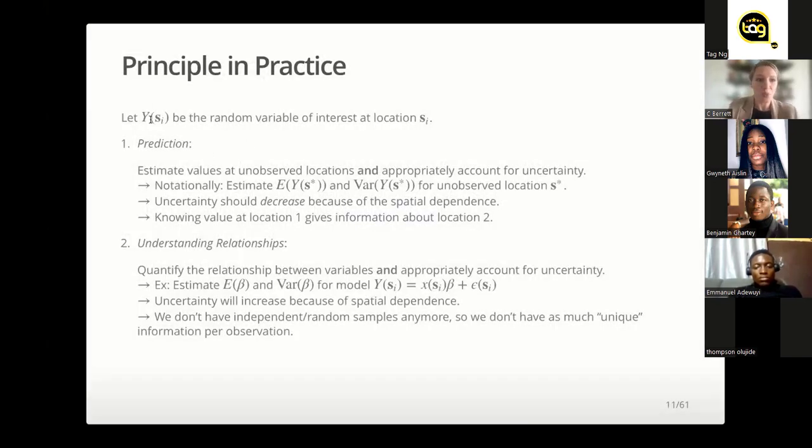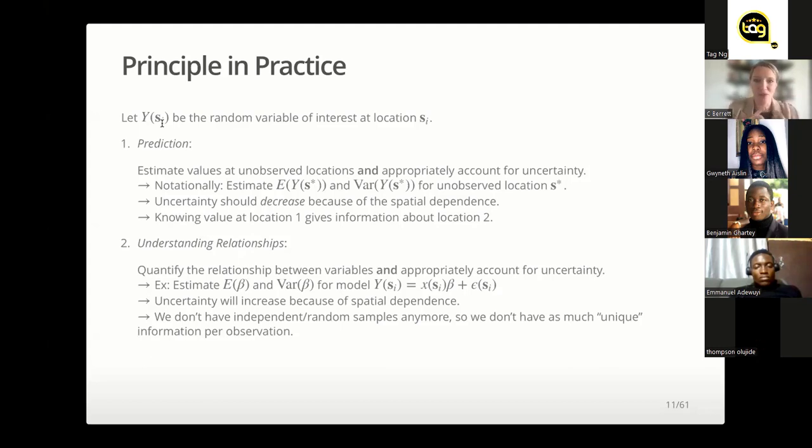So we're going to let y be the random variable of interest, so PM 2.5 measurements or our zinc measurements, and it's going to be measured at different locations s_i. And we either want to predict or quantify relationships with other variables.